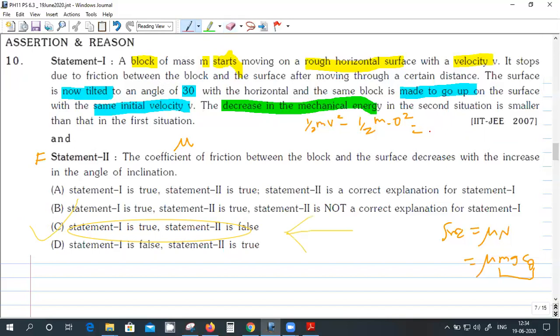So it is the friction force into the distance. In the first case, the friction force is mu mg. In the second case, the friction force is mu mg cos theta. You know why it is cos theta, right?